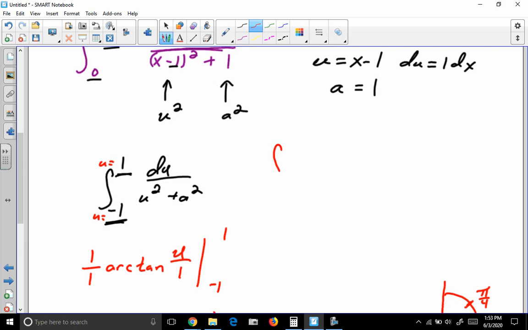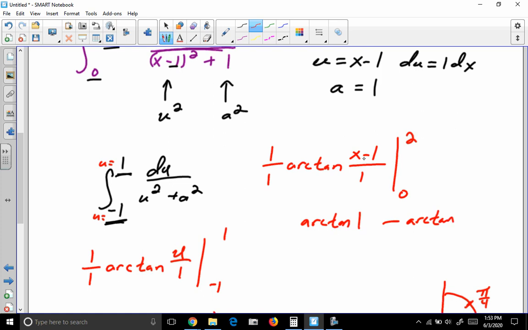We could have called that the integral when we did du over u. The answer to that would have been 1 over a arc tangent u, which is x minus 1, over a, and in terms of x, we were going from 0 to 2. Well, if we put a 2 in, 2 minus 1 is 1, so we'd be taking arc tangent of 1.